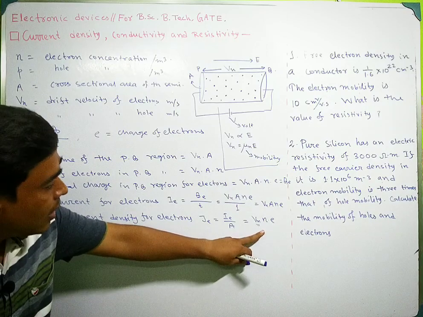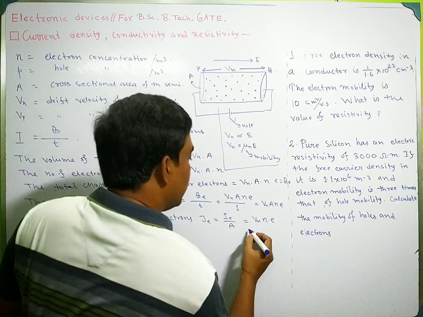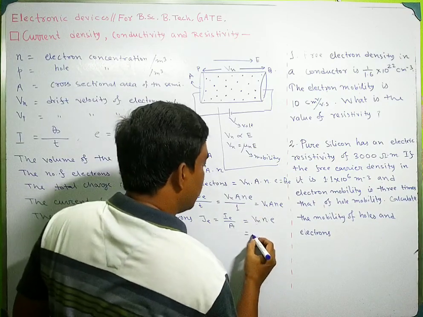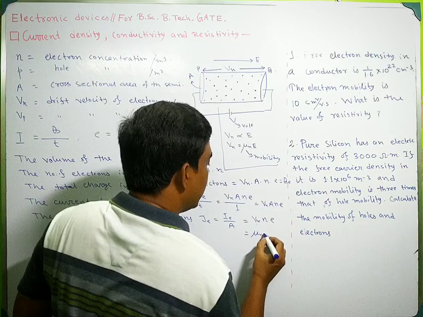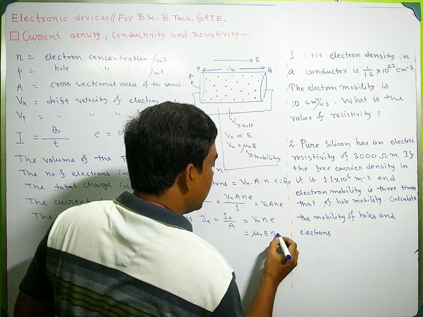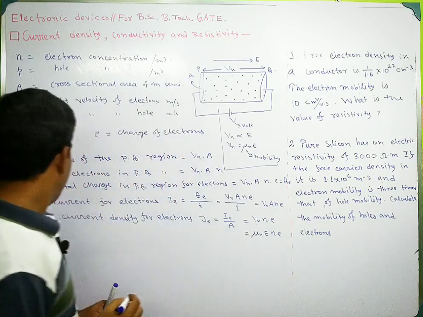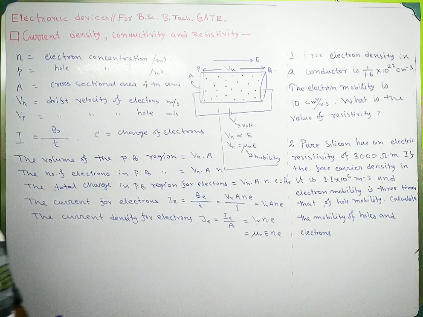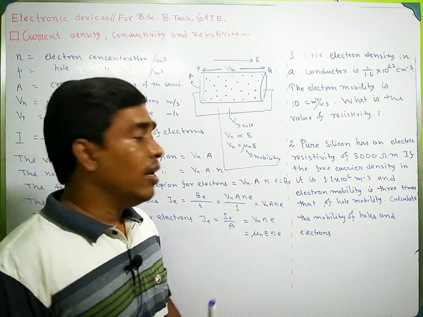So we can write this equation as mu n into E into N into e. This is the current density for electrons.